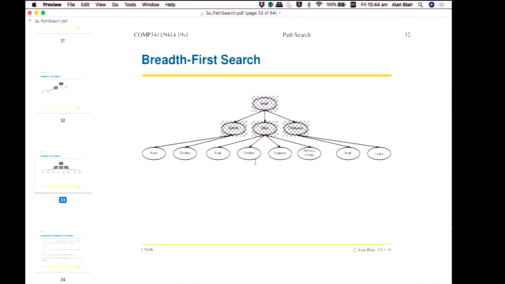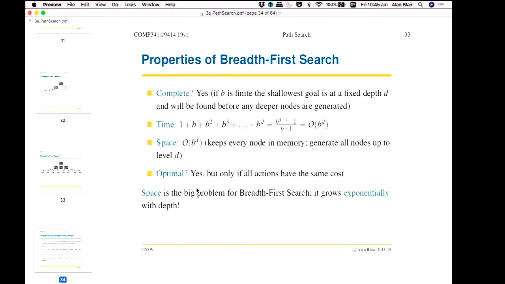I might have to expand all of these before I get to that node. I would expand everything in the next row, and the very last thing would be the solution. And I have to keep all of those nodes in memory because I don't know yet whether I'm going to have to do another expansion. So you have to store everything at that depth in memory. So you need enough space to store b to the d nodes in order to implement this algorithm.